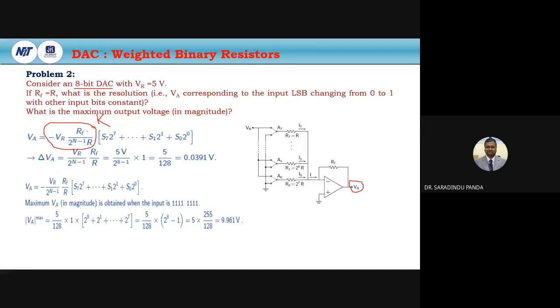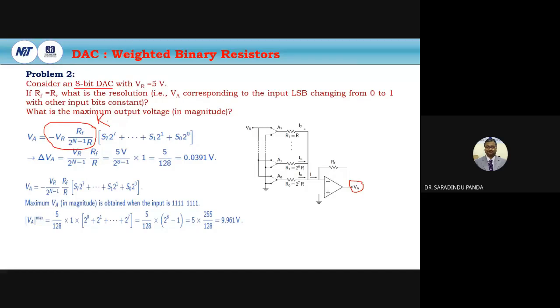So this is the capital K, this is the small k. Small k is 0 to 7, that means 0 to n minus 1, and capital K is the proportionality constant and nothing but a resolution. If you go through the formula of the resolution, then you will get this.